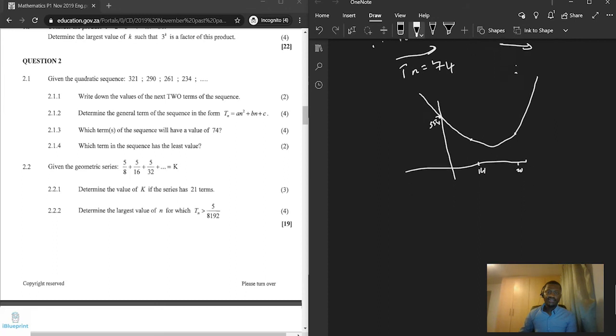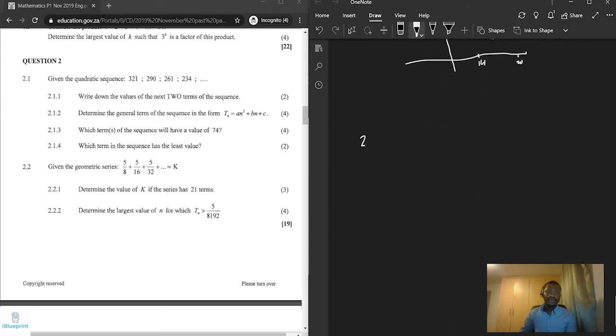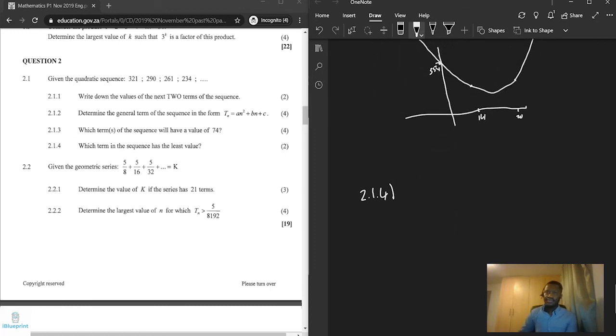Then the next one is 2.14, which asks which term of the sequence is the least value. The least value is basically the turning point. So we're looking for this term. If we look at our visualization, we know that it's somewhere between 14 and 20. The way we can do that is to use the knowledge we have of solving for turning points in functions.